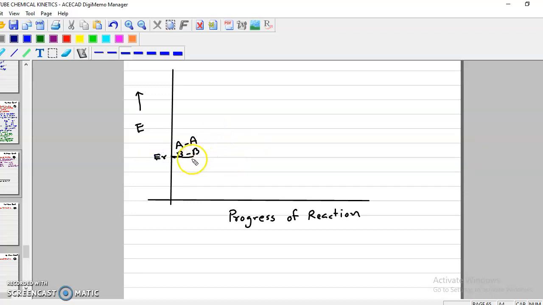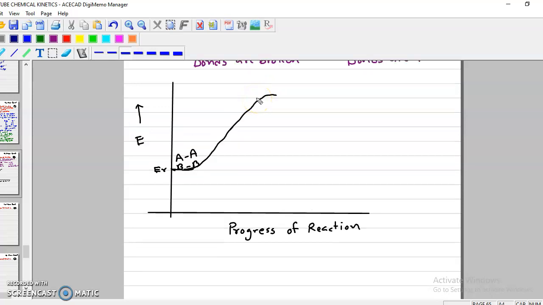Now, when we give energy, the distance between A and A increases, B and B also increases, and the energy of A2 as well as B2 increases. So the graph goes like this because the reaction is in progress. A2 and B2 will absorb energy up to a certain extent.